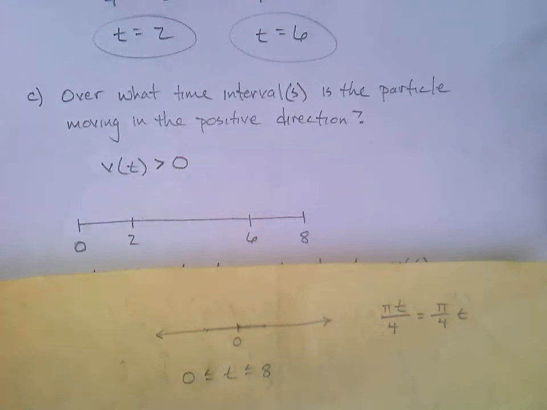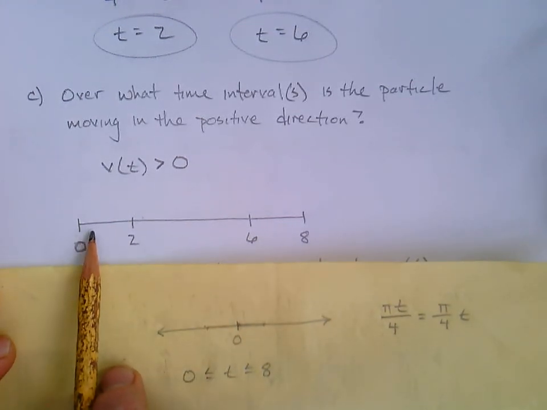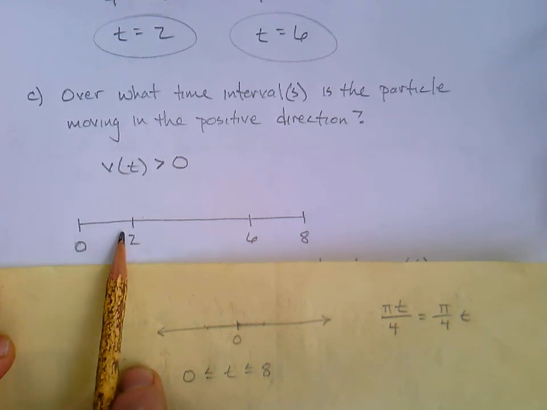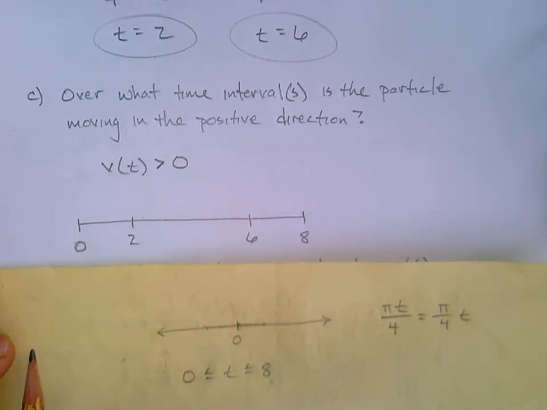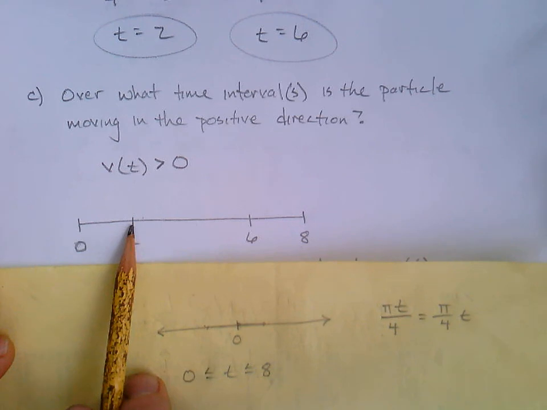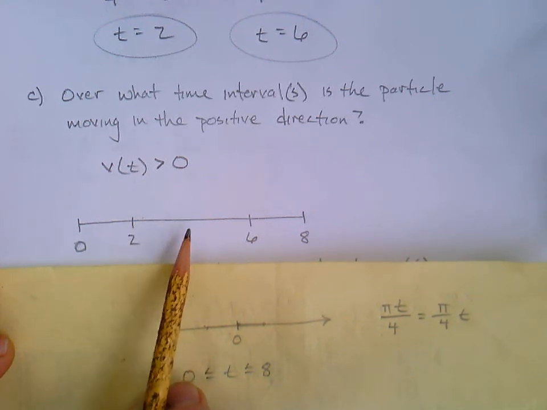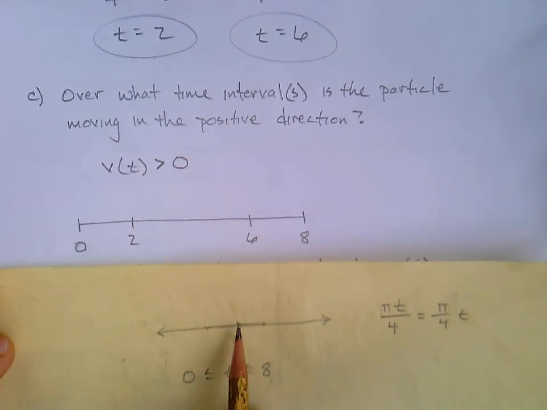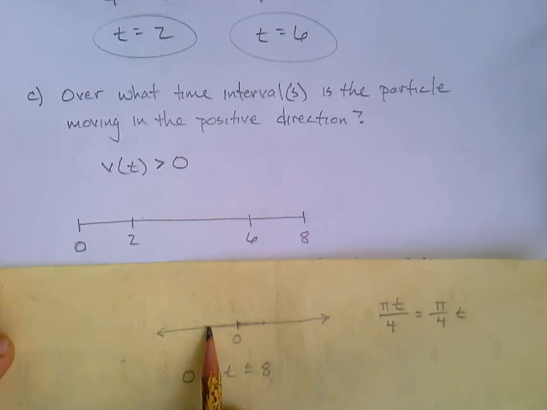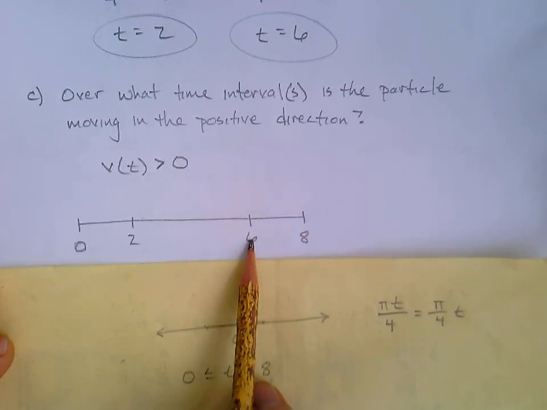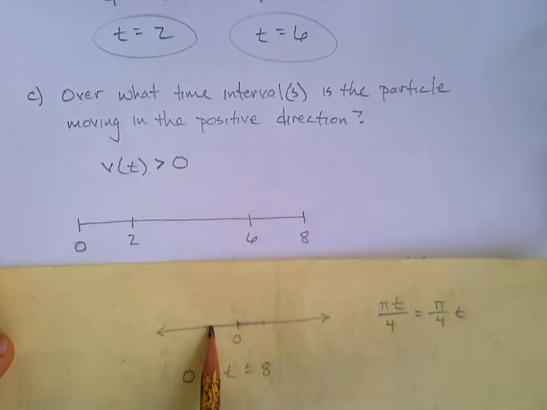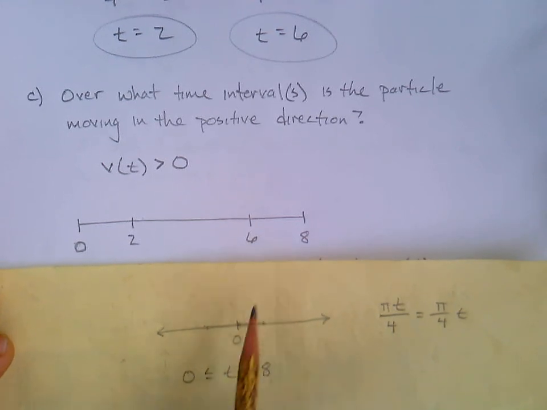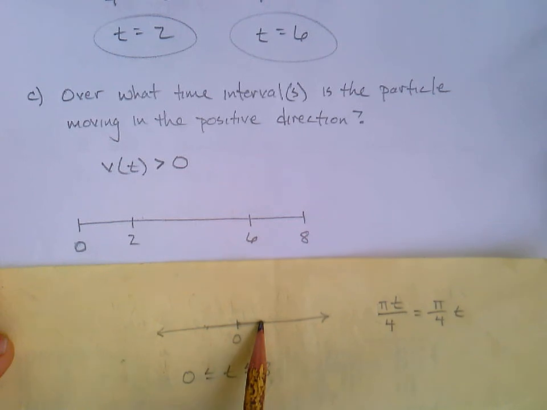So what's happening is, between 0 and 2, it's moving in one direction. We don't know which one. But then at 2, it stops and it begins moving in the other direction. So maybe it comes out, stops, starts moving back until it gets to 6 seconds where it stops again. And then for those last 2 seconds, it moves back the other direction. But we're not sure if it's here and then here and then here, or maybe it started going backwards and then forwards.